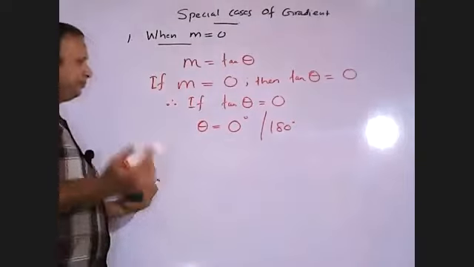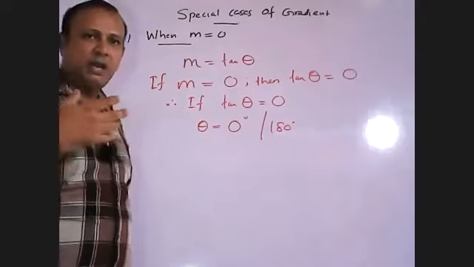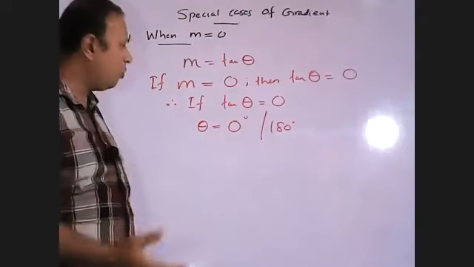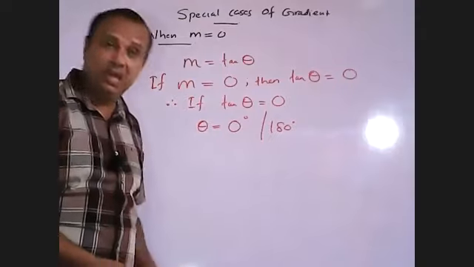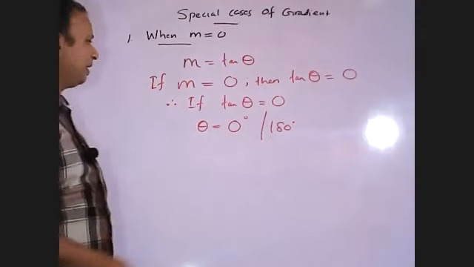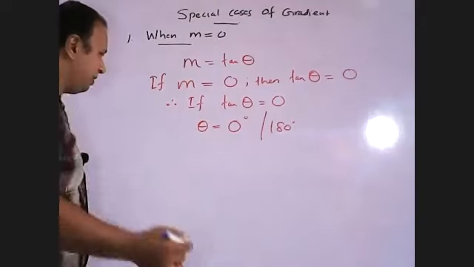But do not consider 180, because if it is 180 or 0, both the shapes are equal to each other. Anyway, if theta is equal to 180, look at this one.